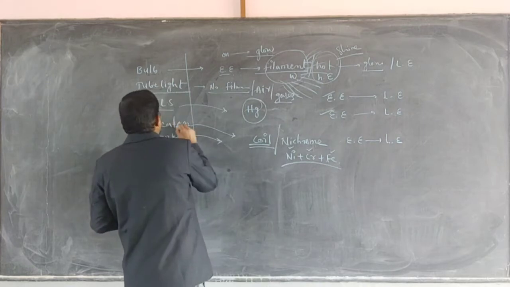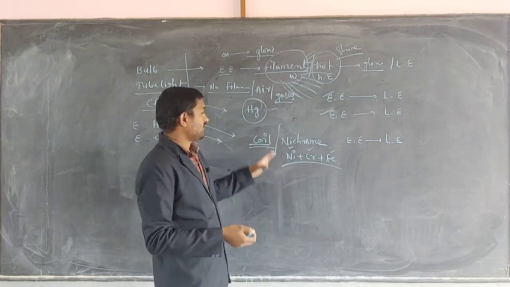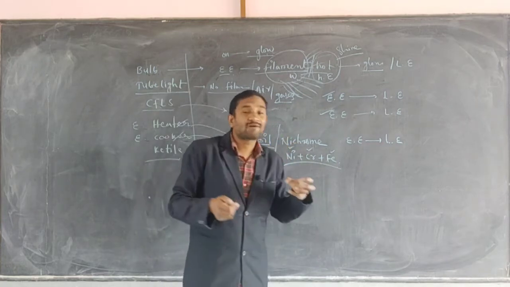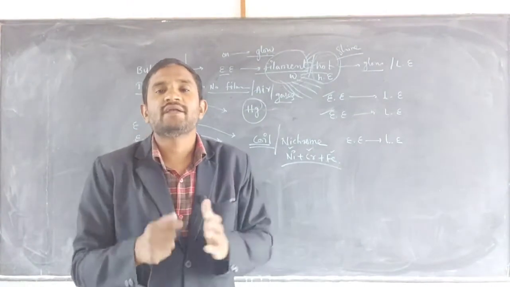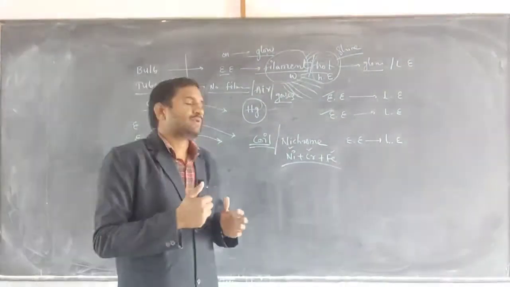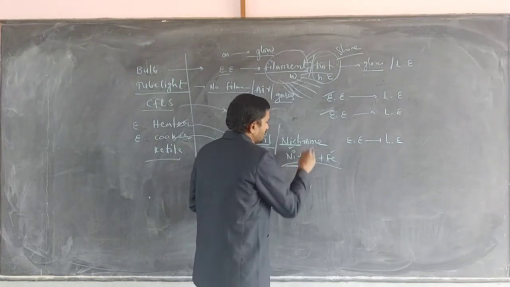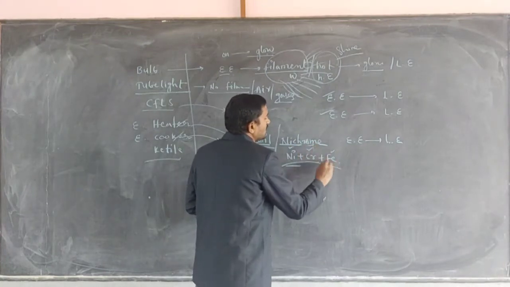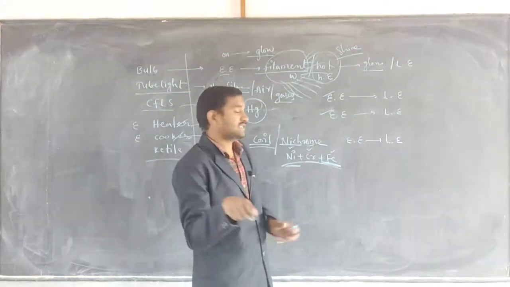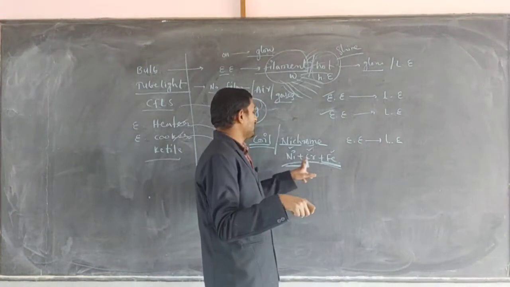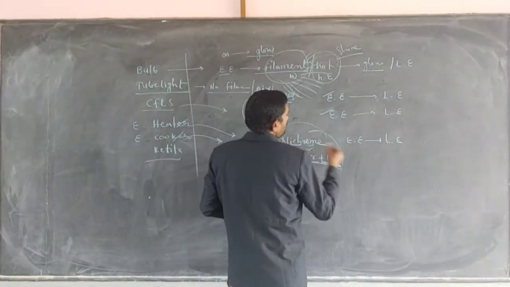The cooker, the heater, whatever it may be, are all made up of nichrome. Nichrome means the presence of nickel, chromium and iron. The shortcut way to keep in mind: nickel, chromium, and iron, which in Telugu is inumu. It is made up of only these.